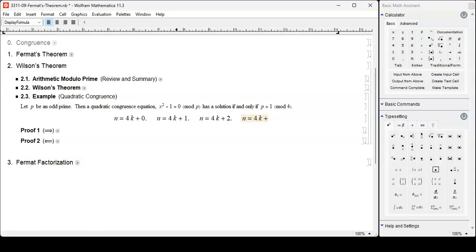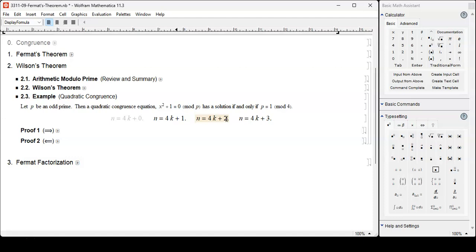And then finally 4k plus 3, that's an odd integer. Now, as for prime numbers, there's no chance I'm going to get a prime number here. Everything here is composite. It's a multiple of 4. So that's out. And okay, that's a candidate. That's a good one. And that's the case that we are going to consider.